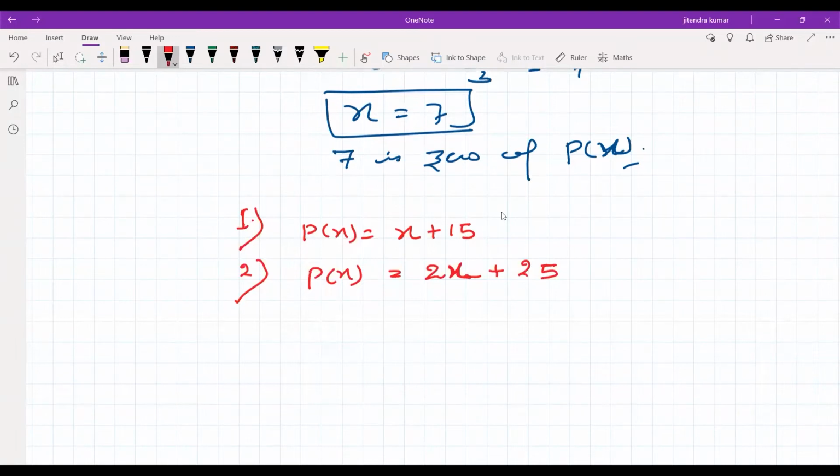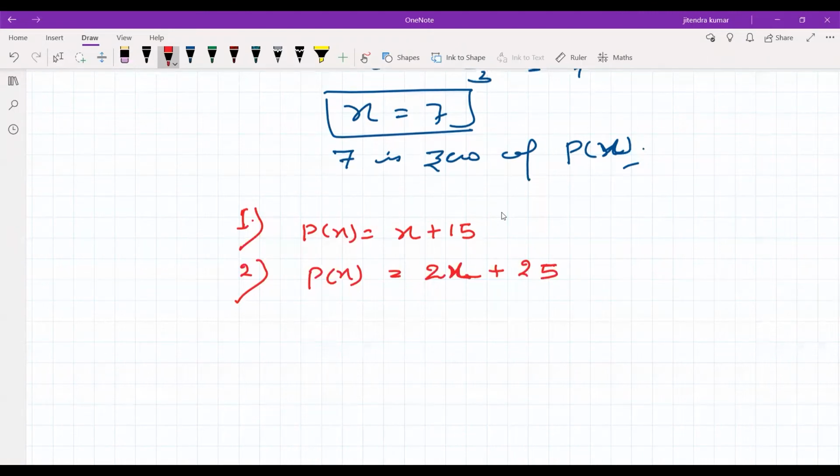So the first one is 15. Where is 4 here? We'll take x plus 15 equals 0. Then the answer is x value is 15, right? How x equal to 15?